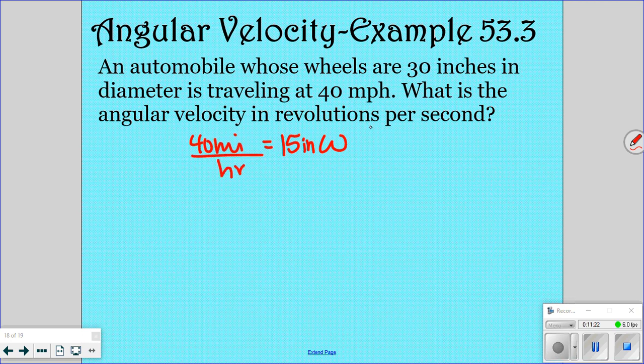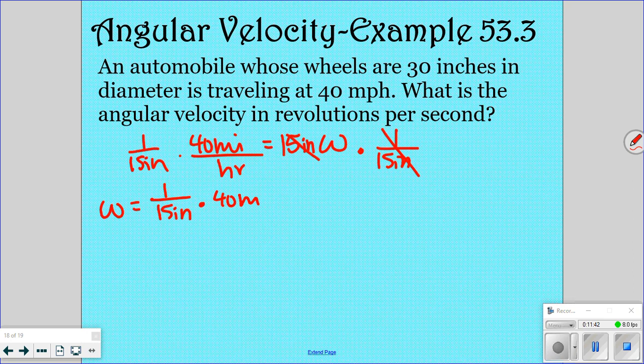So that's what information they give you. So we're going to multiply both sides by 1 over 15 inches to make those cancel. And so my omega is going to be 1 over 15 inches times 40 miles per hour.